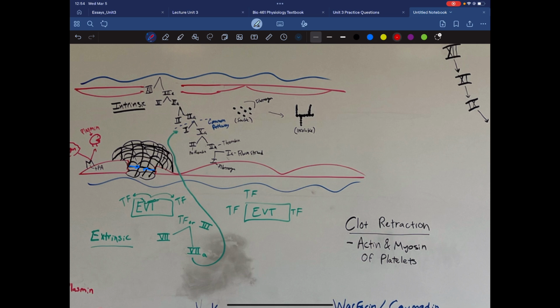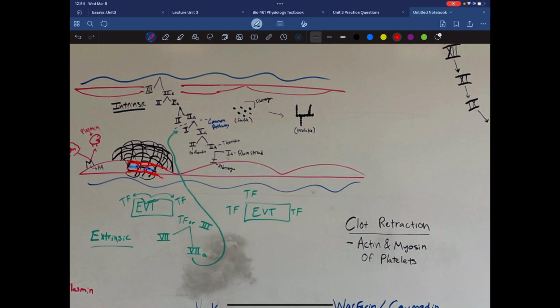Instead of having it that wide, it'll be more right here, and as it contracts, it brings it closer together. At the same time, different chemicals are released that aid in healing this layer and eventually bringing it back together.